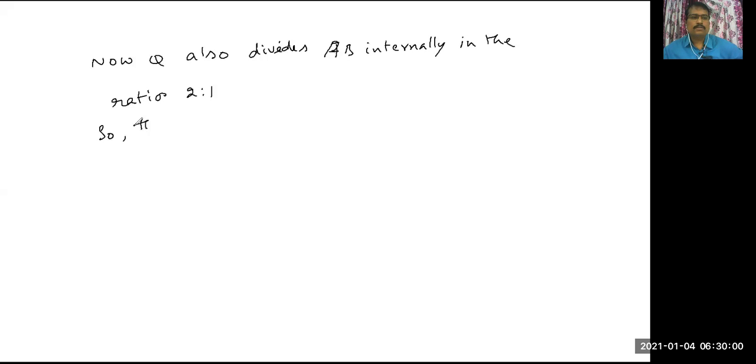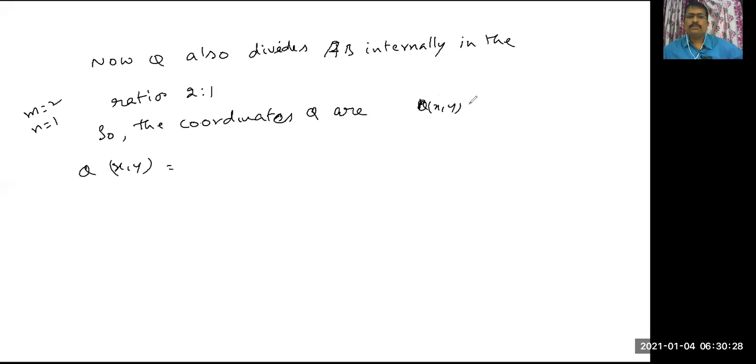So I am writing what you already have. So the coordinates of Q(x, y) is equal to, here m is equal to 2 and n is equal to 1. So as usual the formula is Q(x, y) is equal to (mx2 + nx1)/(m + n), (my2 + ny1)/(m + n).